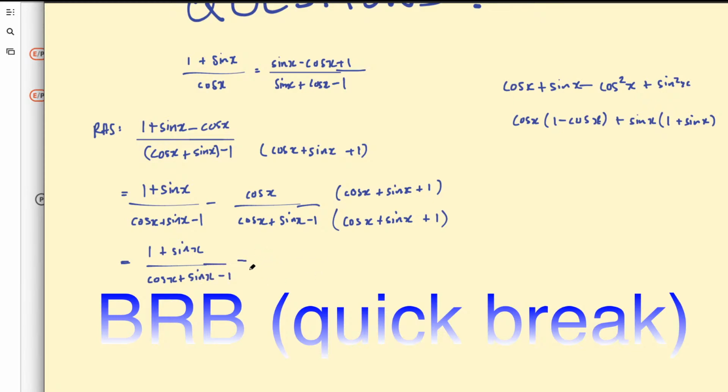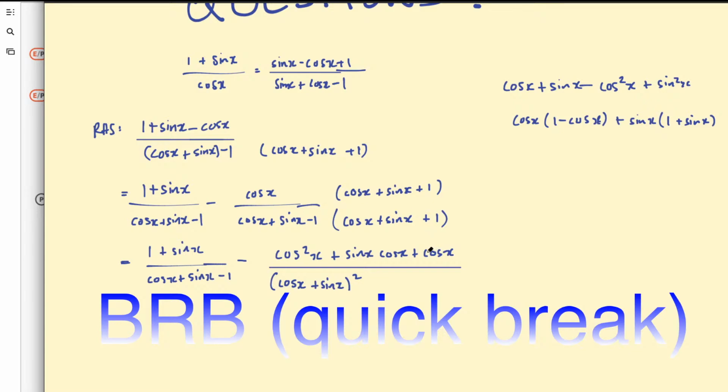There must be another way to do this, surely. This would be cosine squared x plus sine x cosine x plus cosine x all over cosine plus sine x all squared.